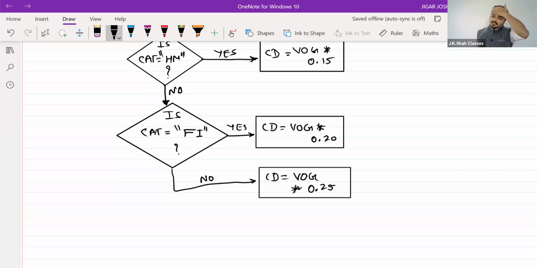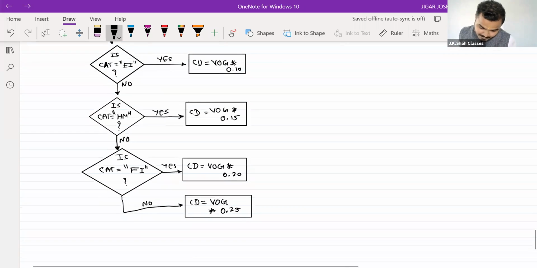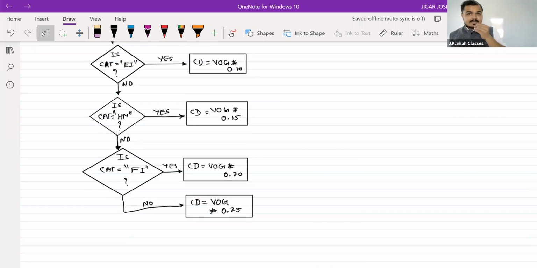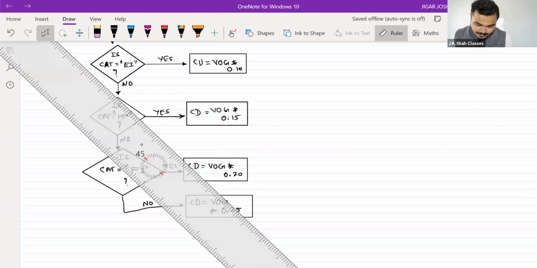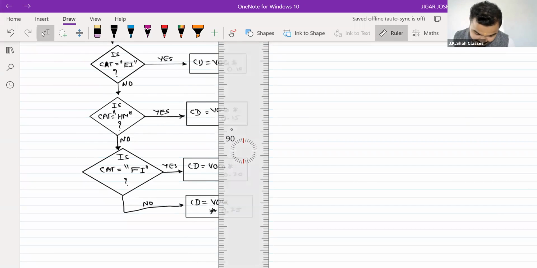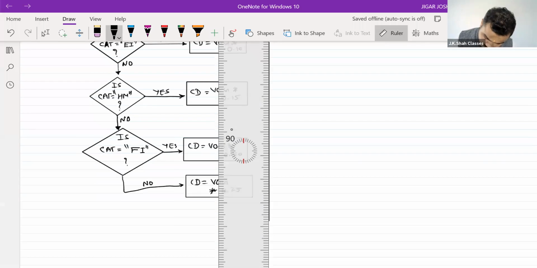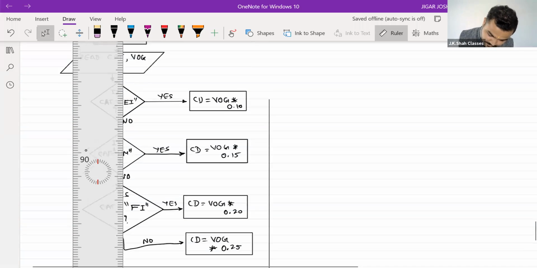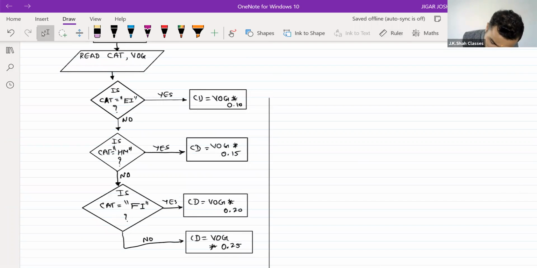Agree? Now remember, suppose your page comes to an end after all this, then also you need to remember one thing: all these points are required to be connected in a single line. Understood?